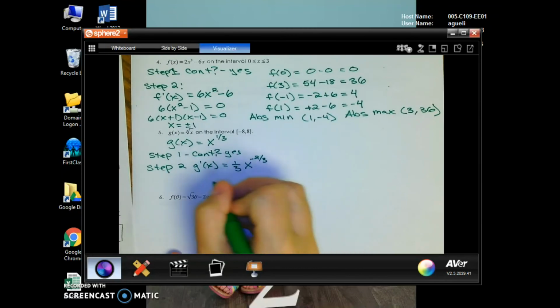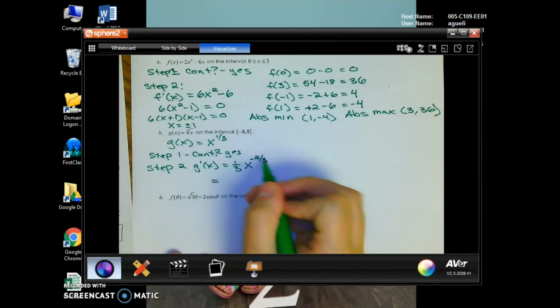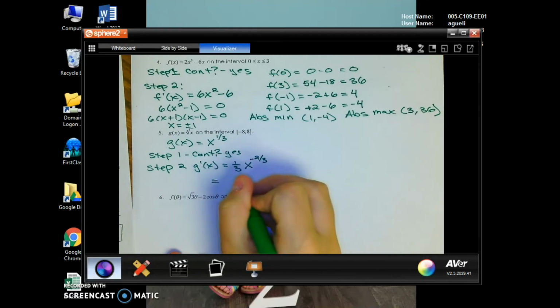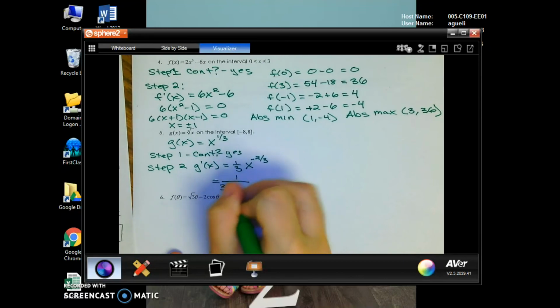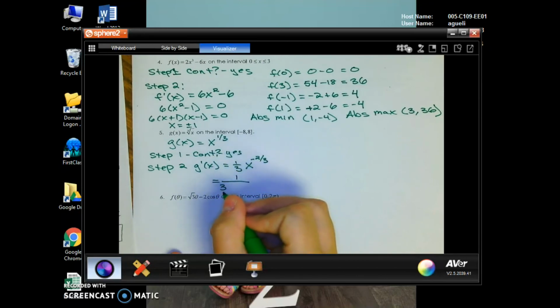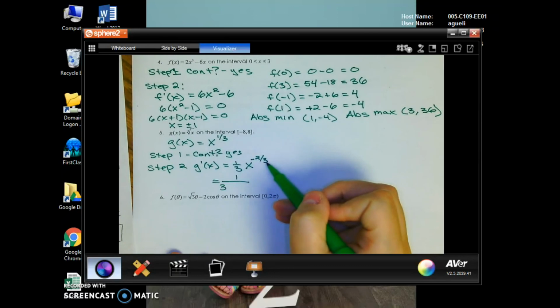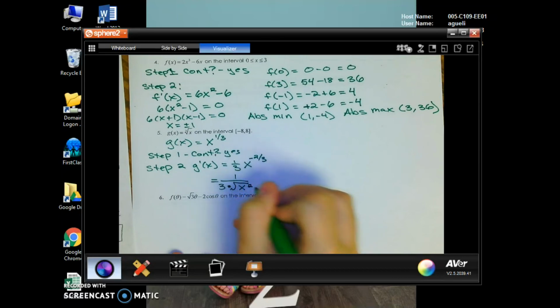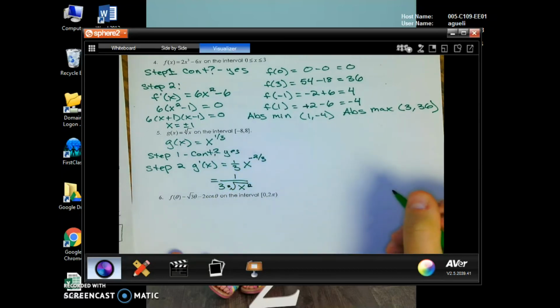So that is also equivalent. Remember, it's power over root, so it's going to be the cube root of x squared, but it's a negative, so it's going to be in the denominator. So it's 1 over 3 times the cube root of x squared. That is mathematically equivalent.